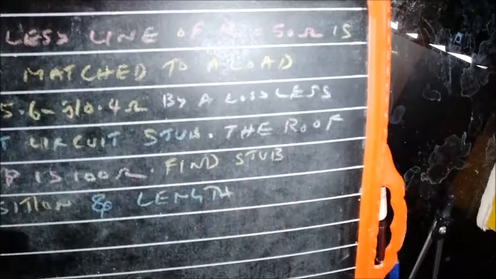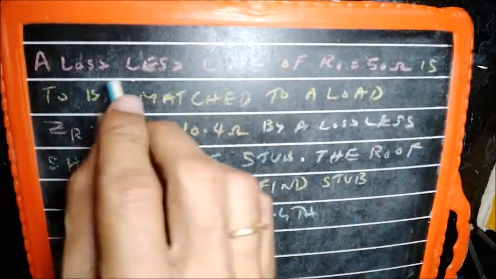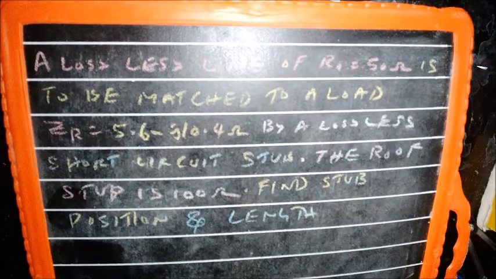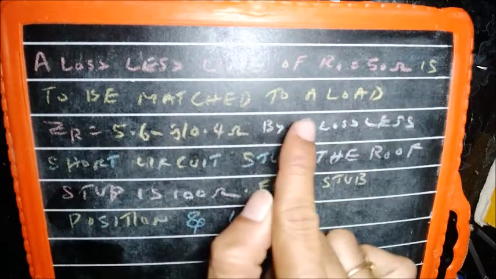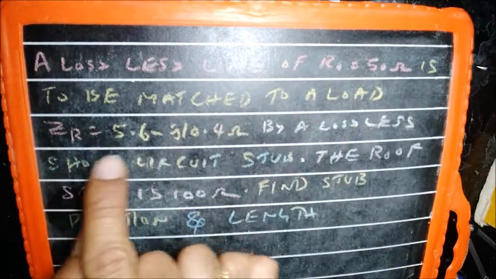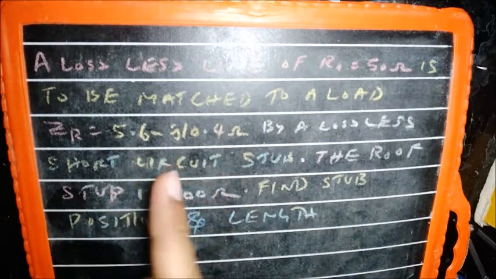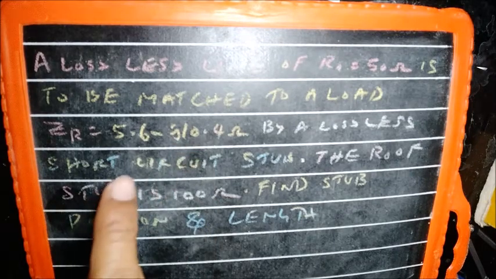So we take the last problem. So here a lossless line of R naught is equal to 50 ohms. That means a lossless transmission line of characteristic impedance 50 ohms is to be matched to a load which is ZR equal to 5.6 minus J 10.4 ohms. So it is a capacitive load because the reactive part is negative.